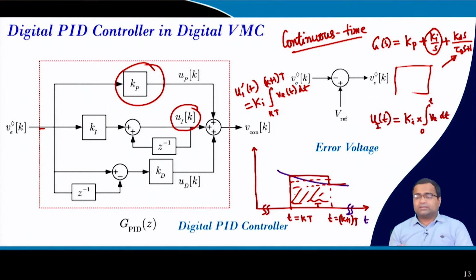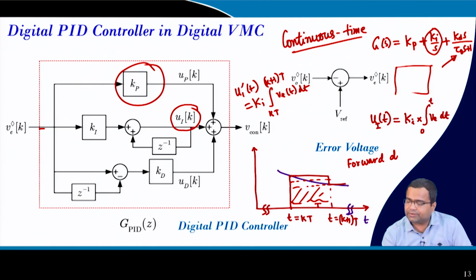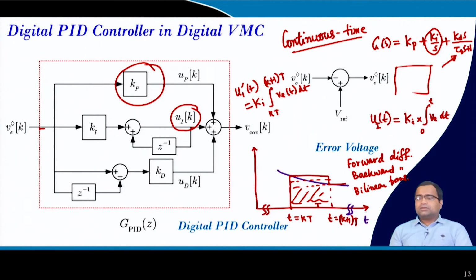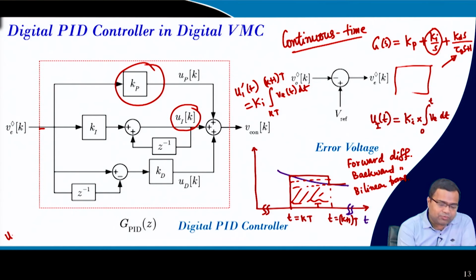This can lead to the forward difference formula, the backward difference formula, and another called the bilinear transformation or Tustin method.